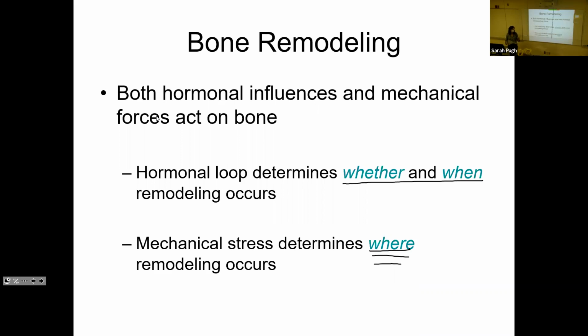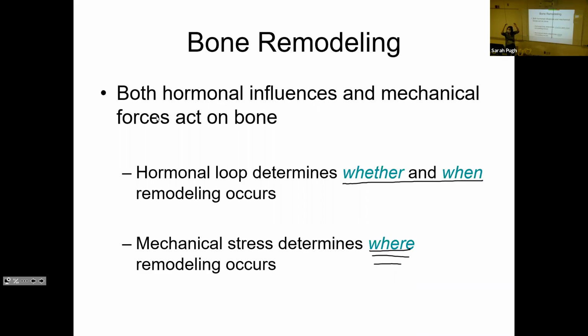So let's say that I'm a ballerina, okay? And I am up on point shoes. You know what those are, right? Point shoes. Where's the stress for a ballerina when they're on point shoes? Toes, ankles, feet, right? So let's say as a ballerina, my blood calcium level is high.